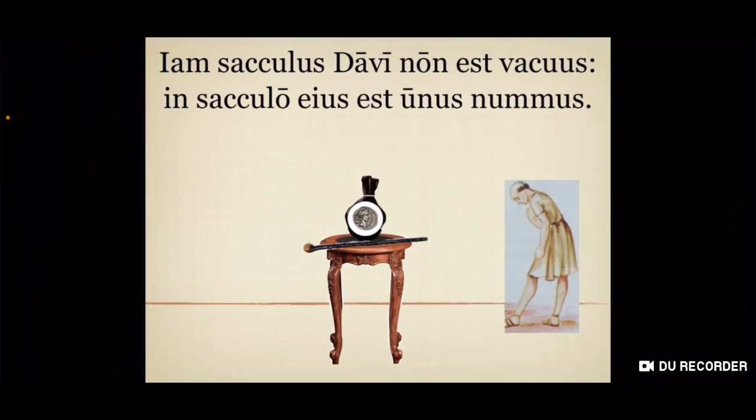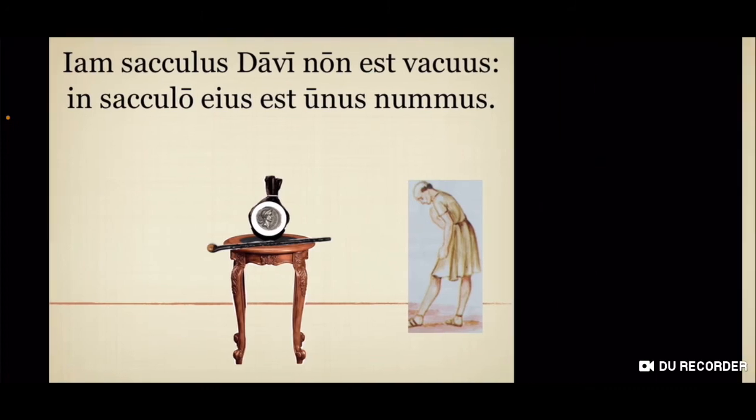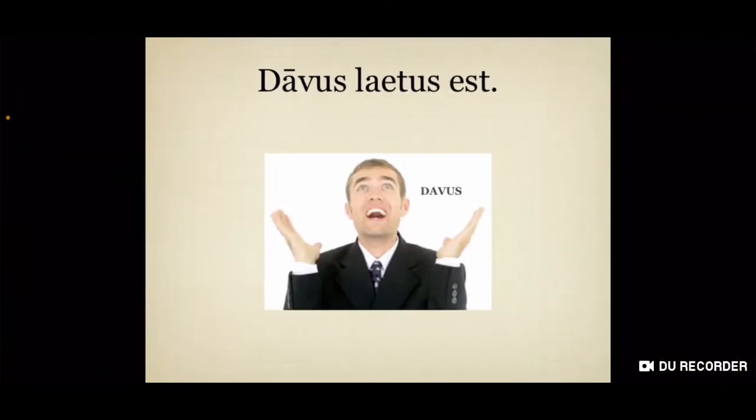Iam saculus Davi non est vacus, et in saculo eius est unus numus. Now the sack of Davus is not empty, vacus. In his sack, in saculo eius est unus numus, one coin. Davus laetus est. Davus is happy.